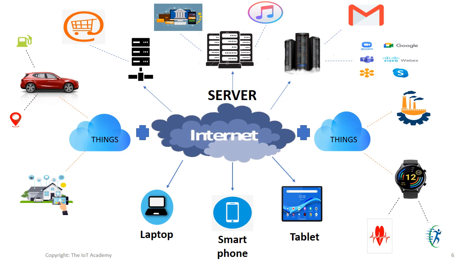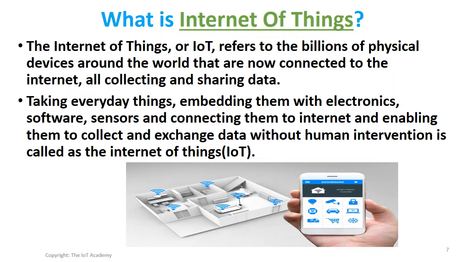With the help of IoT, we can check the heart rate and number of steps. When we connect our home, we can monitor home appliances. And when we connect a factory to the internet, we can monitor temperature and check for faults at the factory side. So this is the Internet of Things. When we connect things through the internet, we can monitor them. These are the different things that are available in IoT.